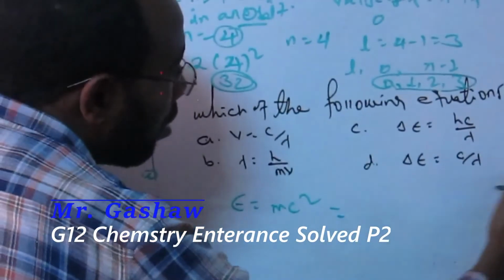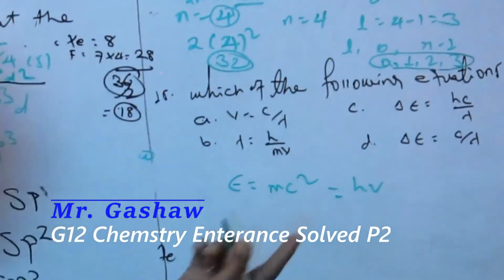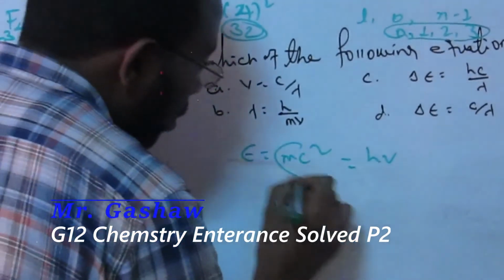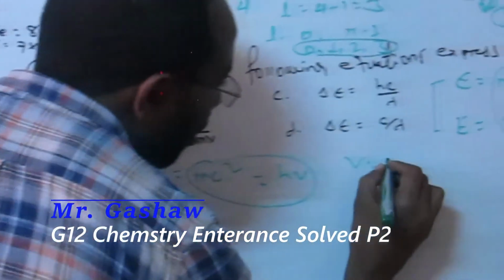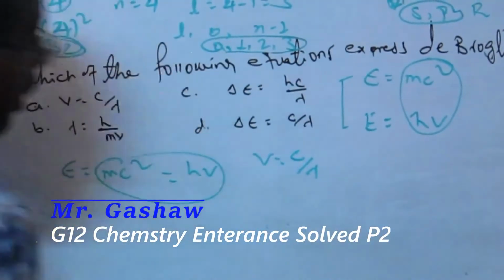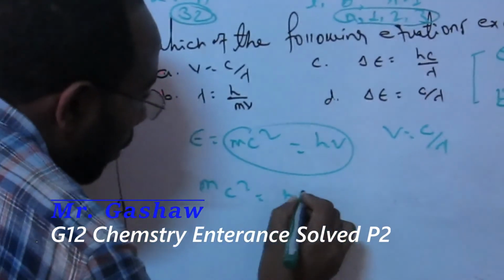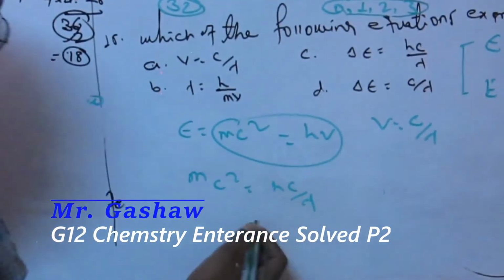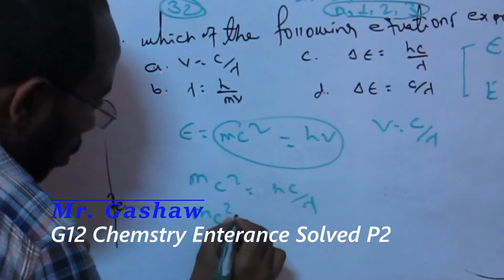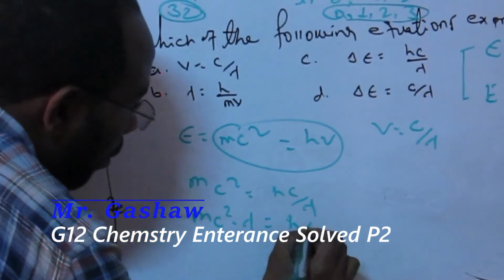So from this one, energy is equals to mc square is Einstein's, and energy is equals to hv is Planck's constant. So from this one, frequency means c, speed of light, over wavelength. So mc square is equals to hc over lambda. Cross multiply: mc square times lambda is equals to hc.